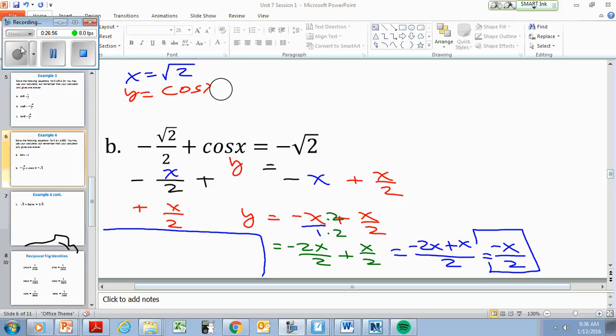So what I have is the following. Wherever I see a y, I'm going to put cosine x. Wherever I see an x, I'm going to put a radical 2. Y equals the blue stuff, negative x over 2.